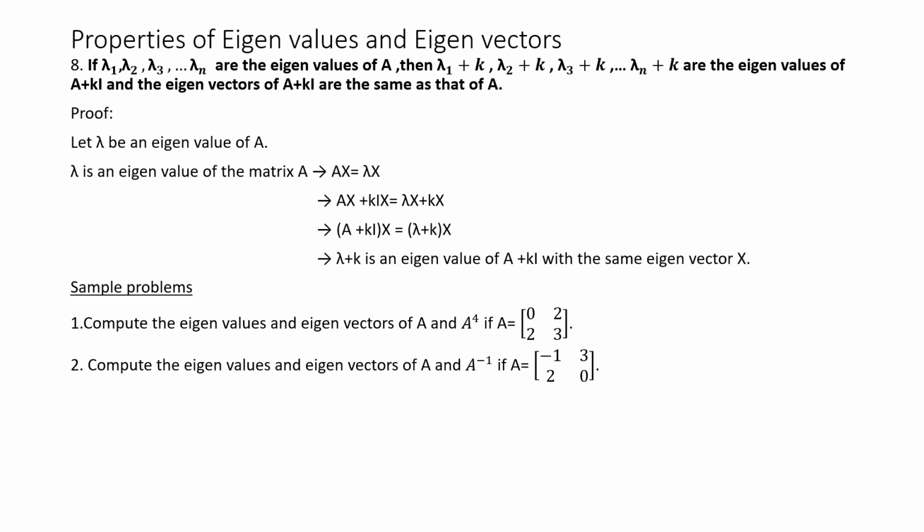Here we have to find out the eigenvalues and eigenvectors of A. To find out the eigenvalues of A raised to 4, take the fourth power of eigenvalues of A, and the eigenvectors of both these matrices will be the same. In the same way, in the second question, to find the eigenvalues of A inverse, find the eigenvalues of A and take the reciprocals. The eigenvectors will be the same for both the matrices.